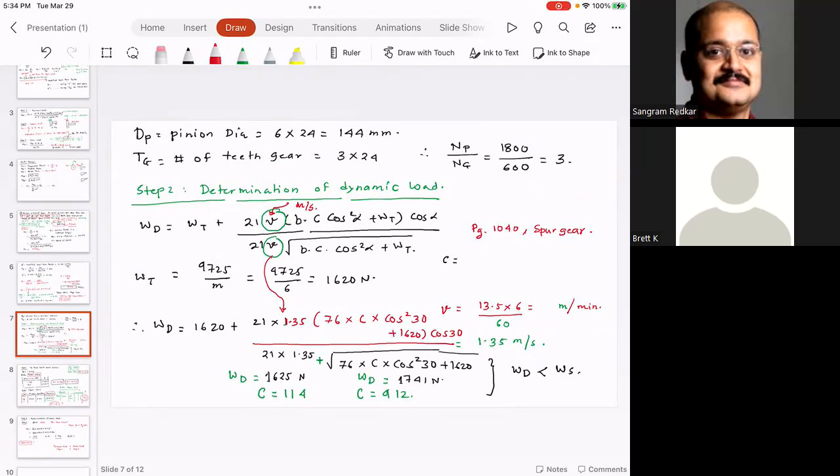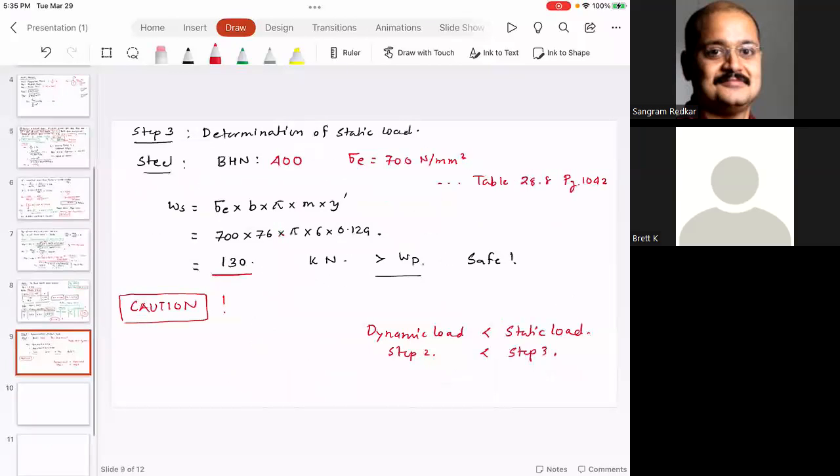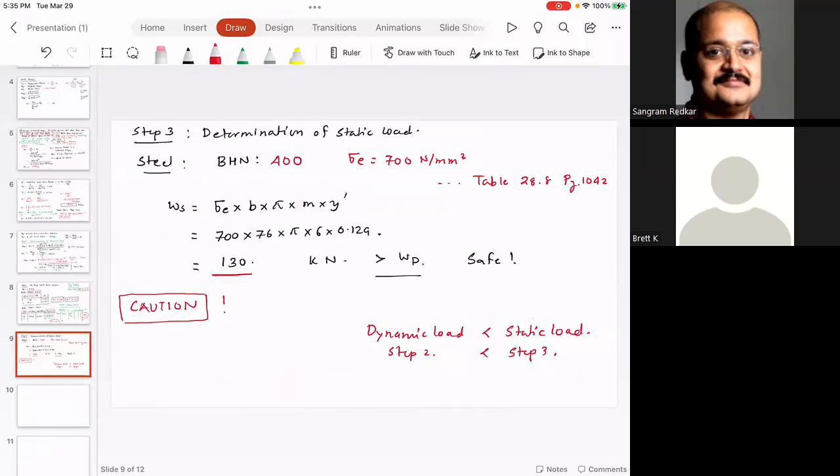But what that means is if you go with a lower value of C, your error would be less, which means the cost related to manufacturing of that gear would slightly increase. So these are the balances, these are 2 or 3 things that you want to balance out when you go with the design. Again, these iterations may be good to do when you go with the actual design.